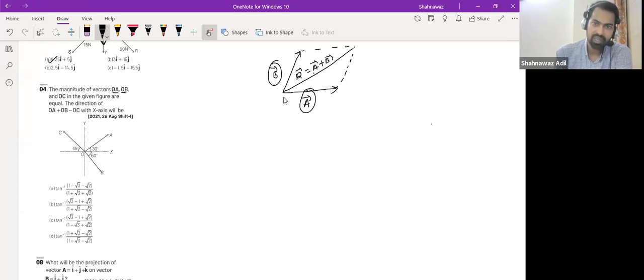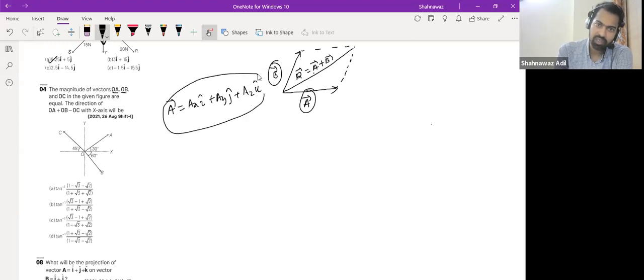And we can solve numerous problems whenever we have this kind of vectors. Whenever we have a vector in the Cartesian form, we can add and subtract so many vectors.